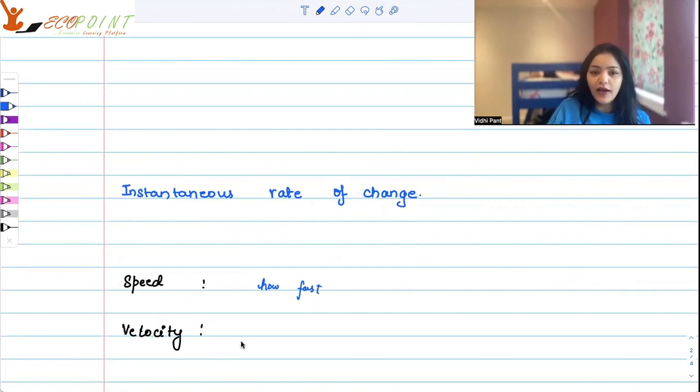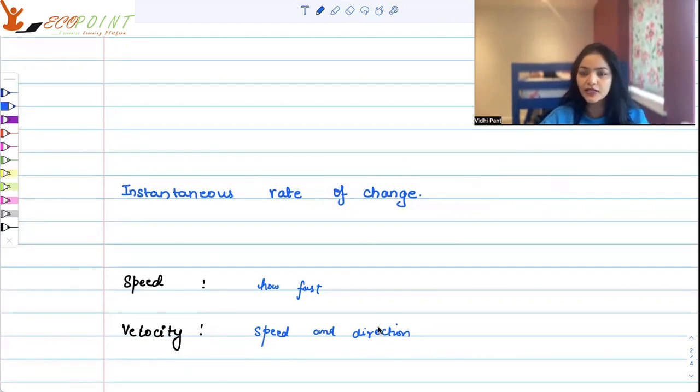Velocity is when you have speed in a particular direction. So speed and direction together makes velocity. Conceptually, this is what velocity is. So of course, it's associated to speed, but along with it, when you attach direction, it becomes velocity.